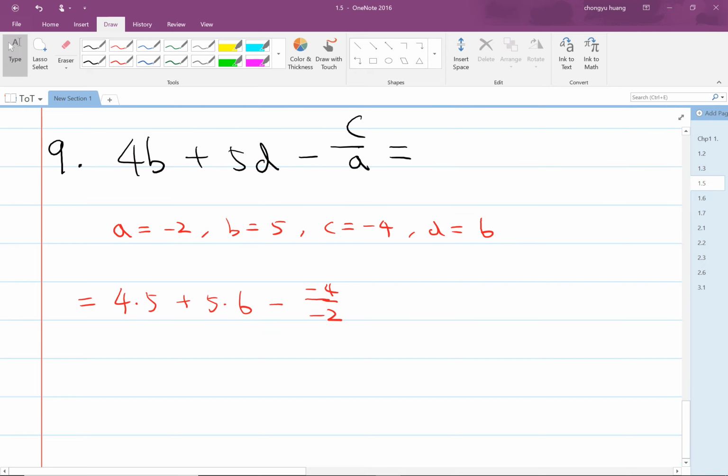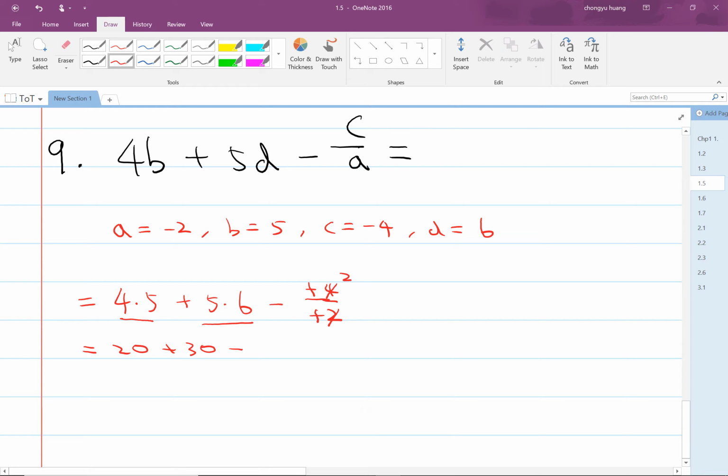So we have to simplify a little, right? So what we have here is 4 multiplied by 5, which is 20, right? And then what we have is 5 multiplied by 6, which is 30, right? And then you minus, and then you can see over here we have a negative 4 over negative 2. So those negatives are going to get cancelled. It will become pure positive, right? And then we have to cancel a little bit more. So 2 gets cancelled, and then it has become 2, right?